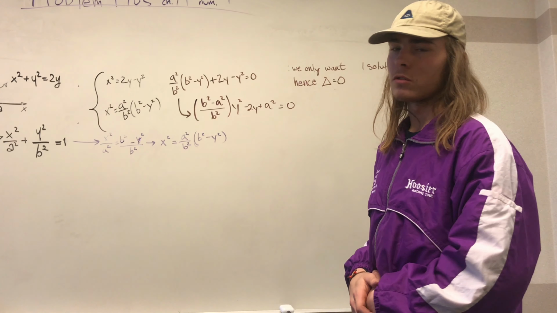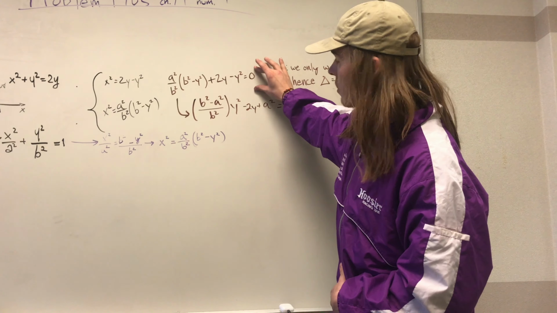It's a simplified version, and this is the basic form. From there we know that if we only want one solution to this, we're going to have to set our delta equal to 0. So at this point, where Kaysen left off, we just know that our delta is equal to 0. And this is demonstrated by this equation here.